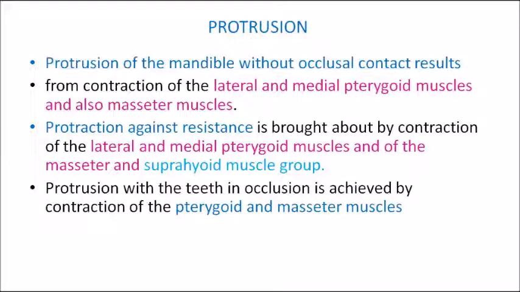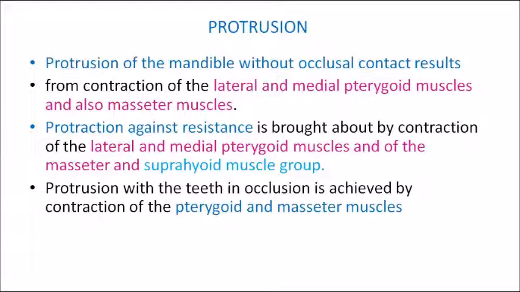Now, protrusion of the mandible without occlusal contact is from the contraction of these three major muscles: lateral pterygoid, medial pterygoid and masseter. When it comes to protrusion of the mandible against resistance, apart from these three muscles, the suprahyoid muscle group also plays a greater role.